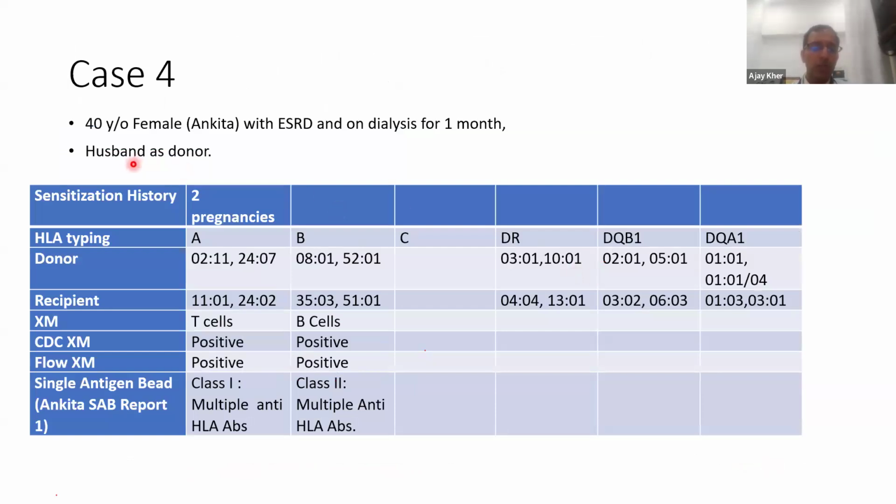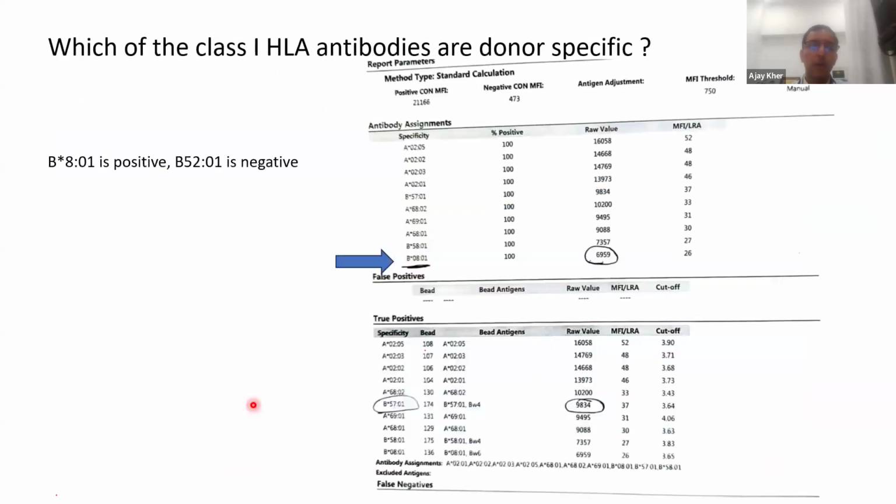Coming back to Ankita, now we know that she has these antibodies, including these A antibodies against her husband. Looking at the others, let's look at the B antigens now. Again, there is a 801, which is positive, and the 5201, which is negative, which is not on this sheet.